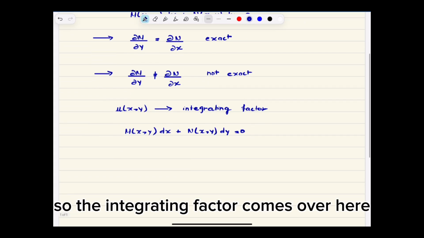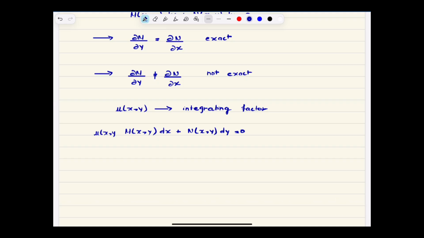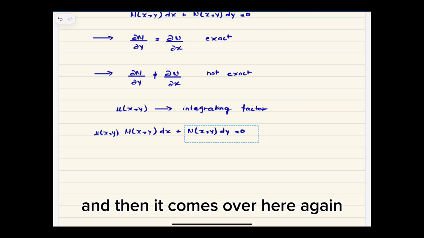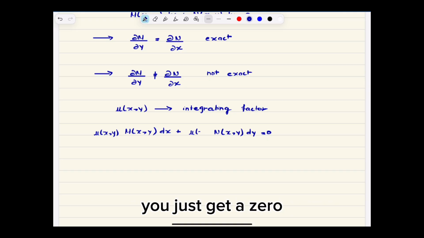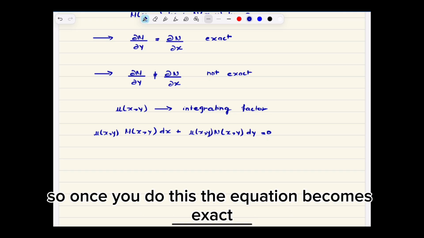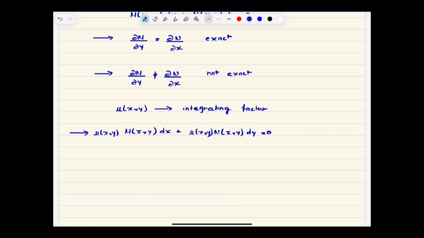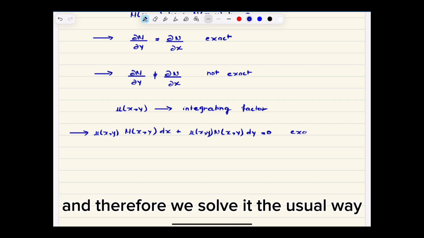It comes over here and over here again, and when you multiply it by 0 you just get a 0. Once you do this, the equation becomes exact, and therefore we solve it the usual way.